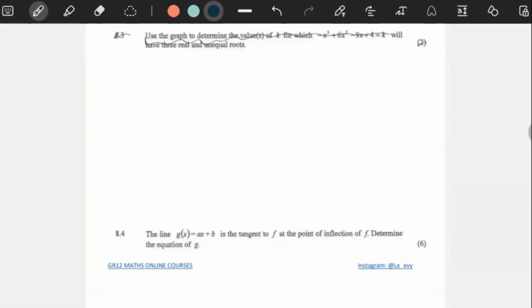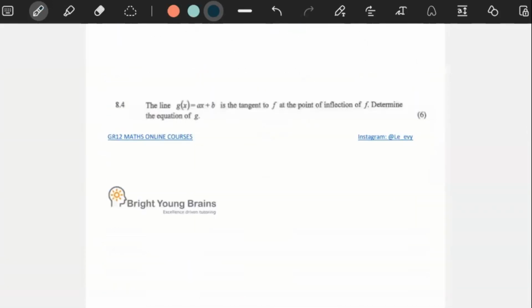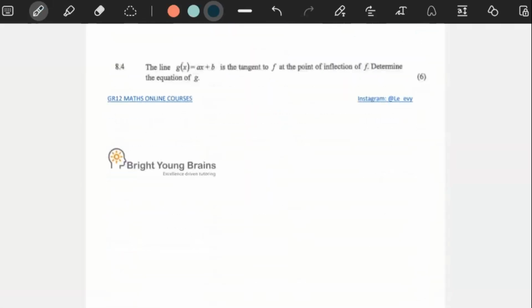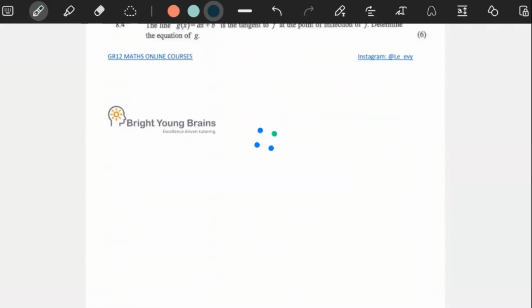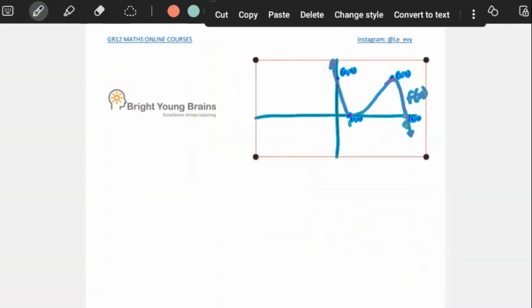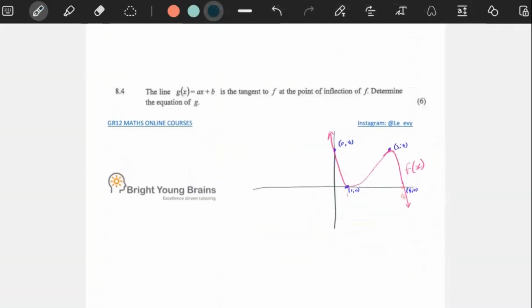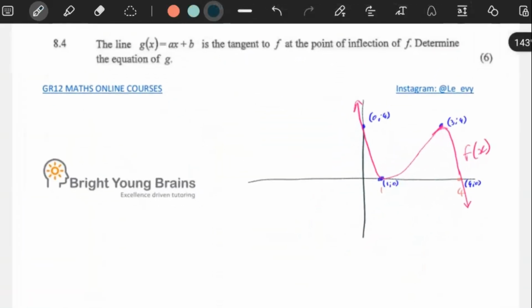The 6-mark question. So the graph of f, well, fortunately we have the picture, so let me actually use the picture one more time. It says here the line g of x is equal to ax plus b. That's a straight line.